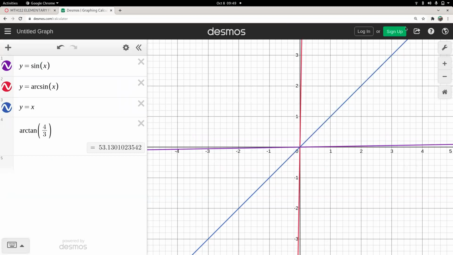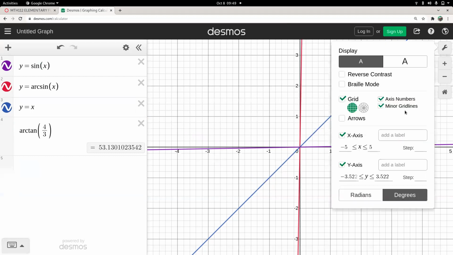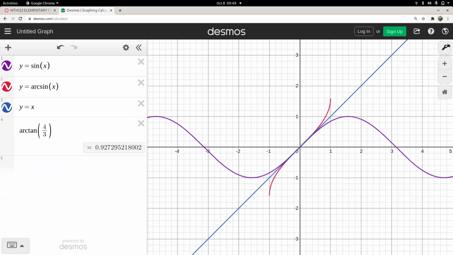Whoa, that's some crazy stuff. So again, trig functions are meant to be graphed in radians. And if I switch degrees to radians, then weird stuff happens with the graph because 1 radian is more like 57-ish degrees. So keep that in mind.